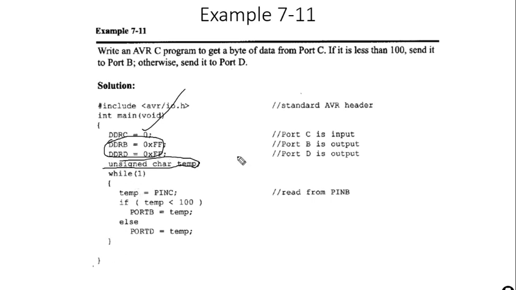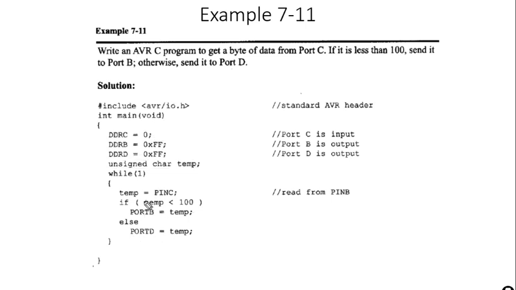In the infinite while(1) loop, we take a value from pin C into temp, then we check if temp is less than 100, port B is temp, else port D is temp. So in this simple code, as told in the statement, if it is less than 100, send it to port B, else send it to port D.